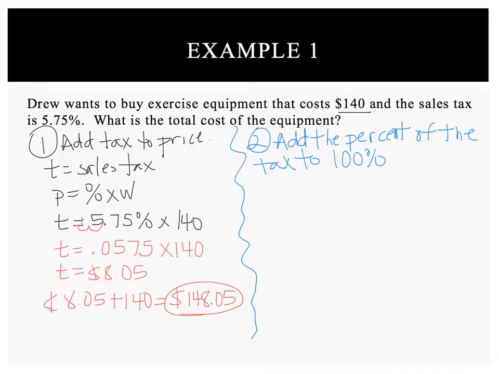That's 100%. So if we do 100% plus the 5.75%, that gives us 105.75%. The 100% is the total cost plus the tax cost. Okay, so in this case, we're going to let T equal our total.